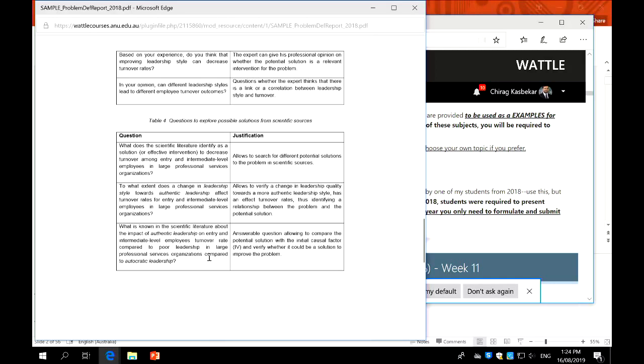So economic reasons. It could be something to do with what the competitors are doing. Maybe it's something to do with the age of the company, maybe the size of the company. Maybe cultural difference between, let's say, China and Australia, because it's a Chinese company trying to enter Australia. So those are external to the organization, right?